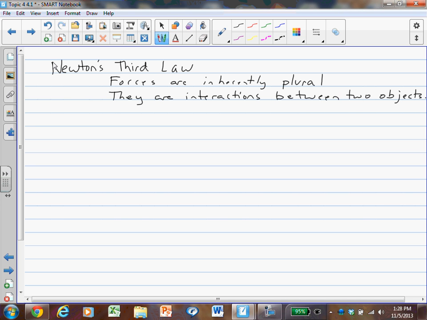That every action has an equal and opposite reaction. So that the force of B equals minus FA.